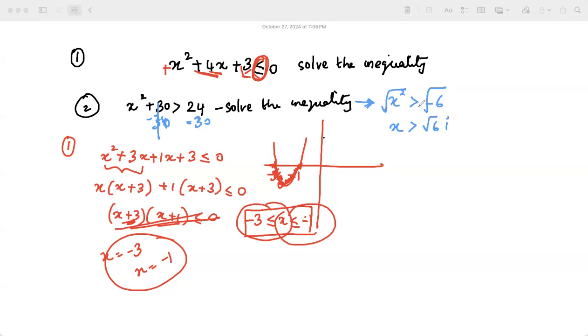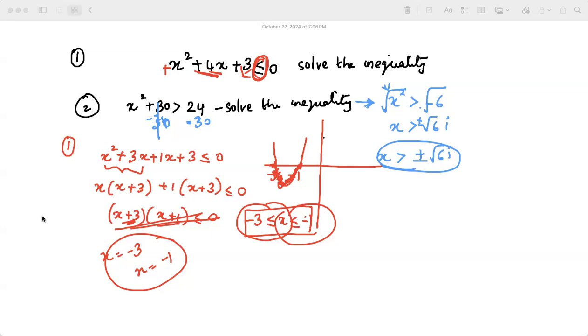When you take square root on both sides, right? Leave the term where the square is there, but the other side should get a plus or minus, right? So the answer will be x greater than plus or minus √6i. That is the answer. Am I making sense?